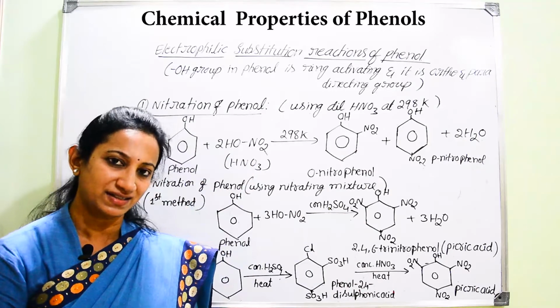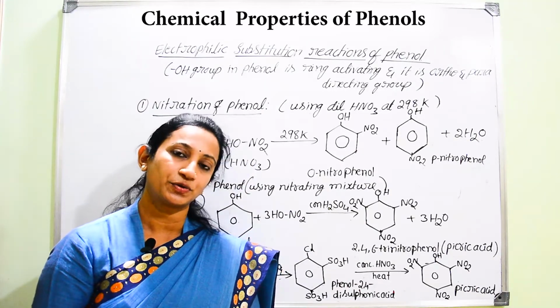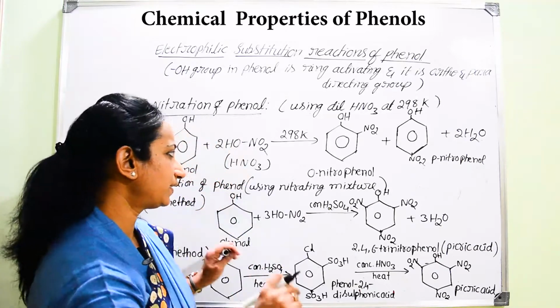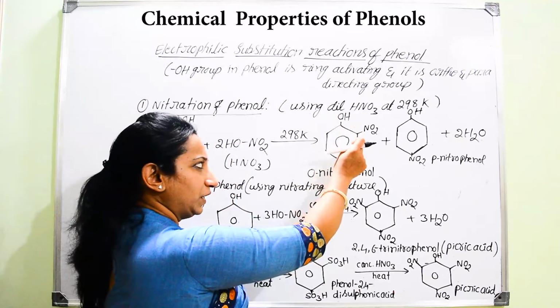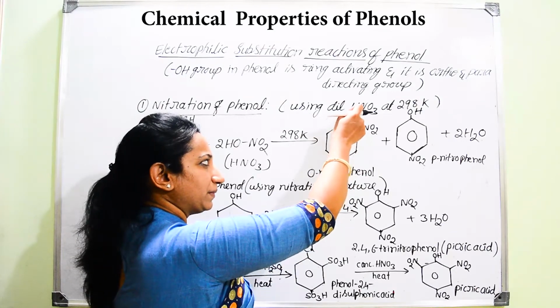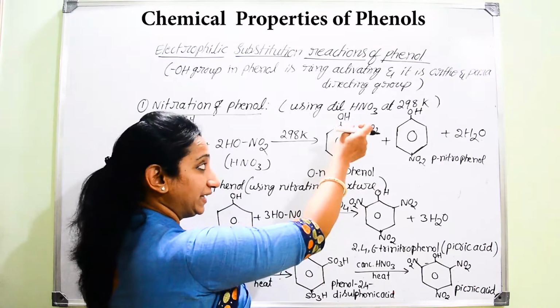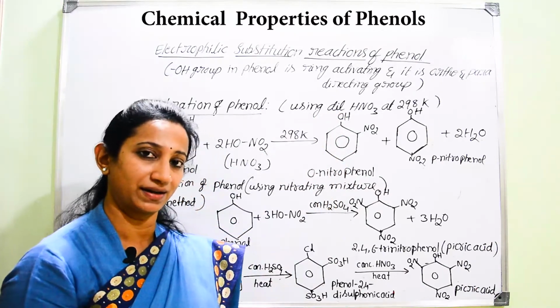you can guess based on the interaction with respect to hydrogen bonding. Here there is a possibility of hydrogen bonding, that is, the hydrogen of the OH group can form hydrogen bonding with the oxygen of the nitro group. That results in intramolecular hydrogen bonding.